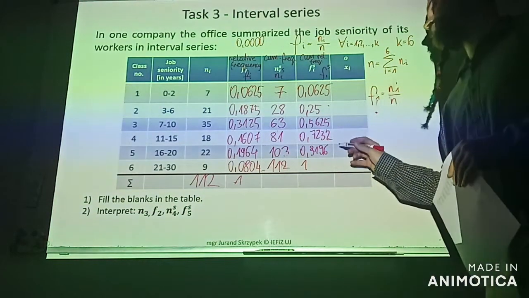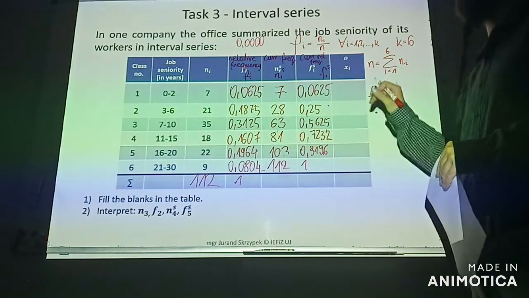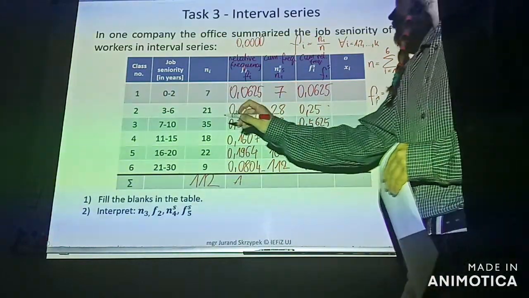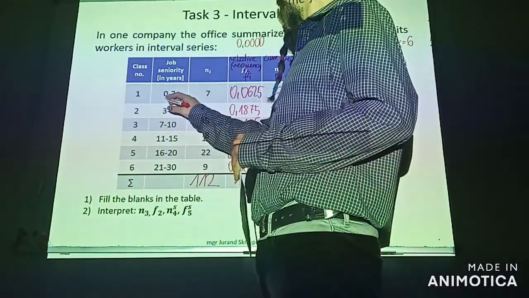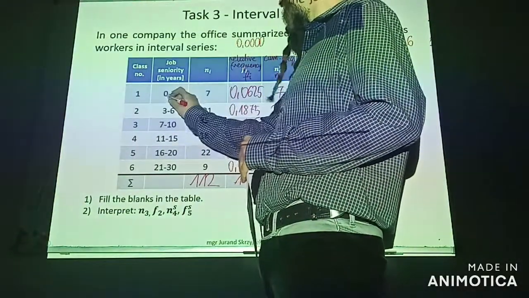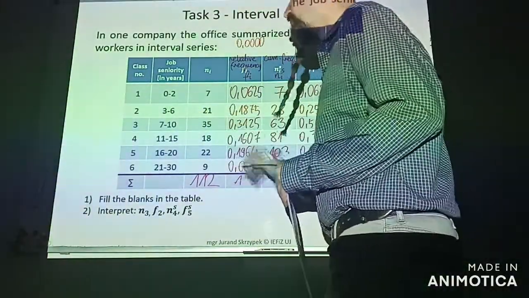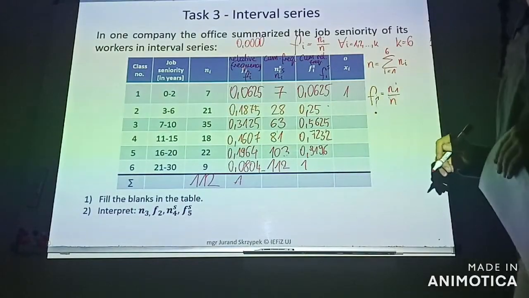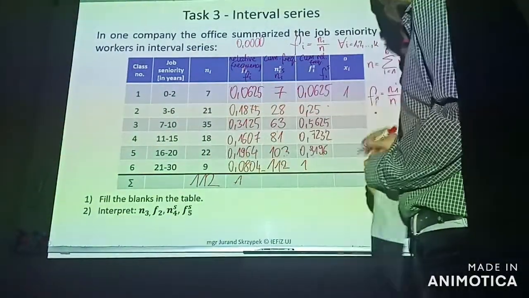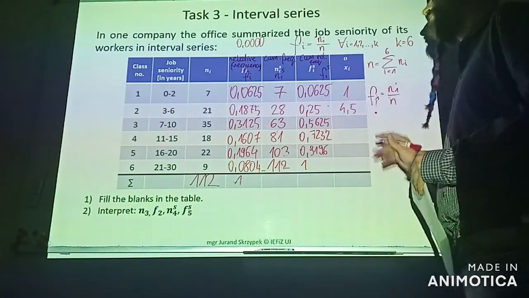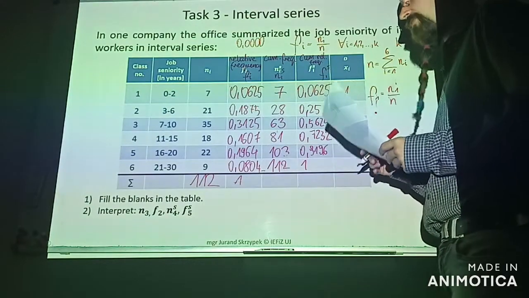And at the end, the middle of the classes. So, what is the number exactly in the middle between 0 and 2? Of course, 1. Exactly in the middle between 3 and 6? 3 plus 6 is 9, divided by 2, 4.5.